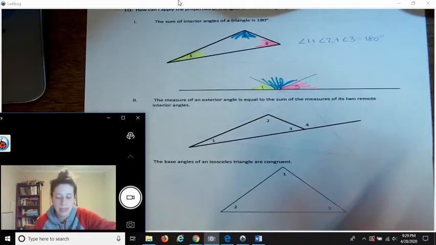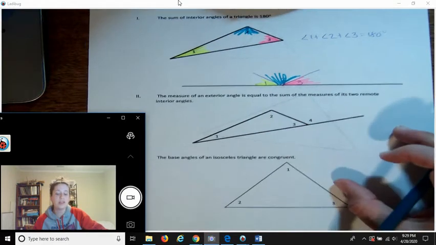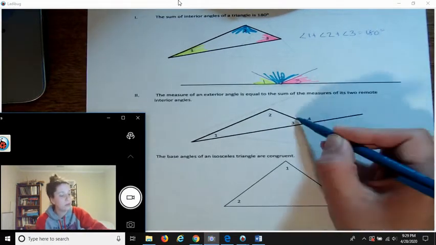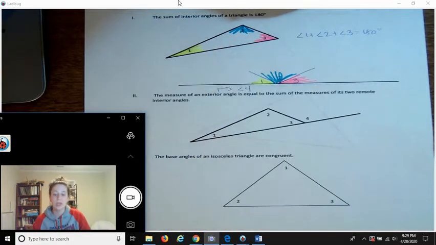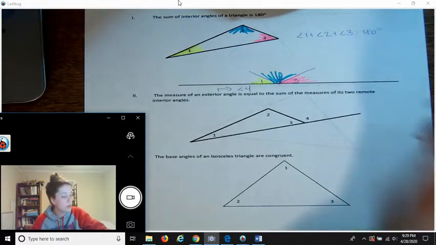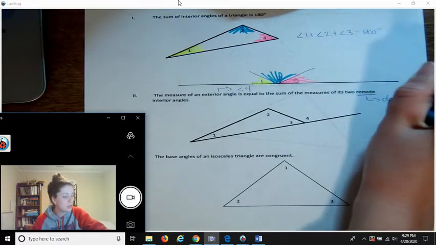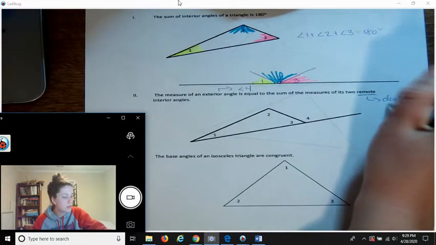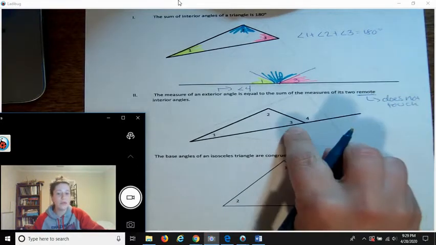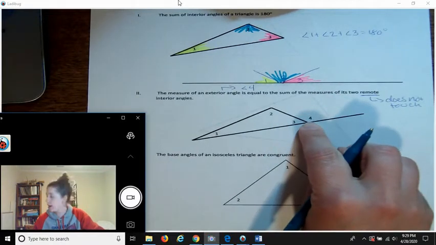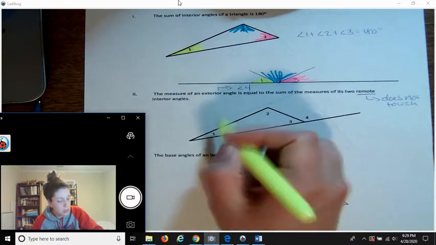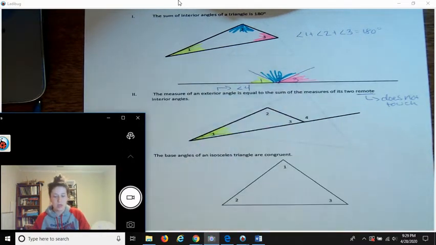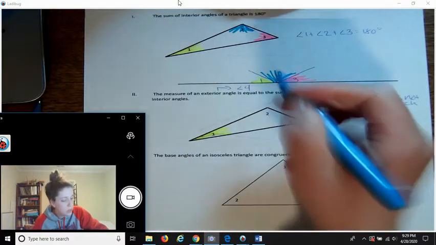The next thing is that the measure of an exterior angle, for example angle 4 in this picture, is equal to the sum of the measures of its two remote interior angles. Remote means it does not touch. Notice angle 3 touches angle 4, so angle 3 is not remote. Our angle 1 is here, our angle 2 is here.